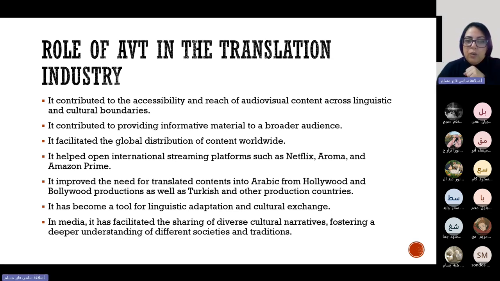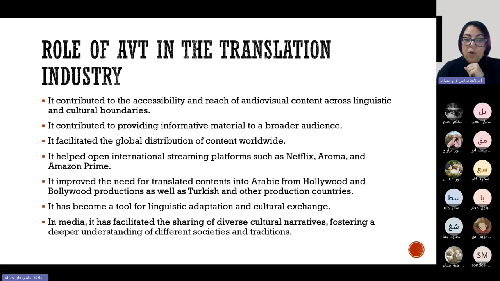It facilitates global distribution. This is what we said, since it is open internationally to all types of movies and series from around the world. So you will find movies in Spanish, in Portuguese, from the Arabic world. And you can choose the language that you want to hear it with, whether it's subtitled or dubbing.